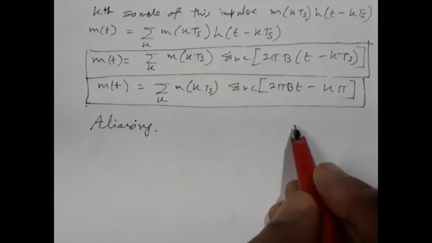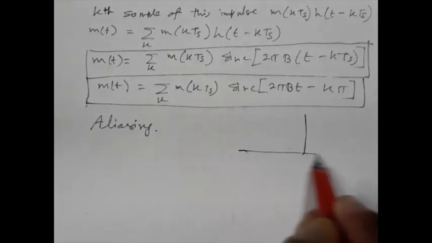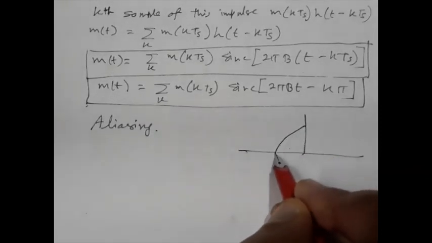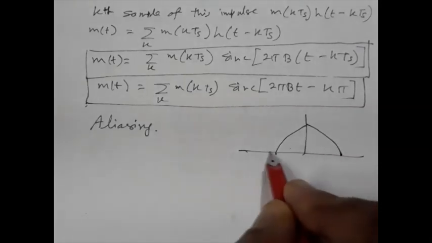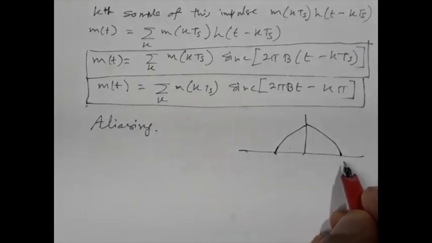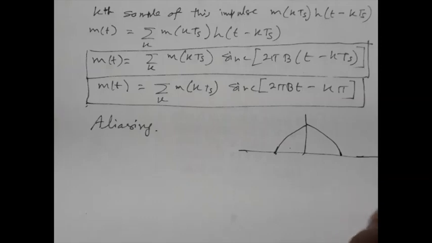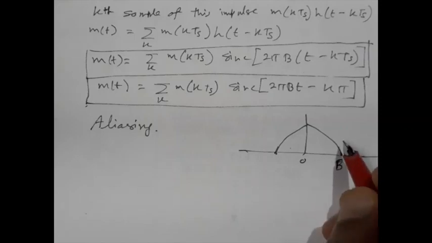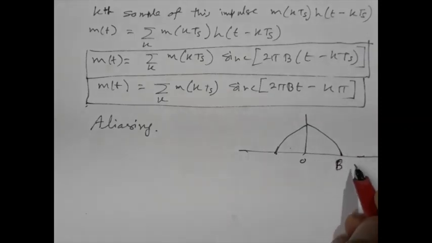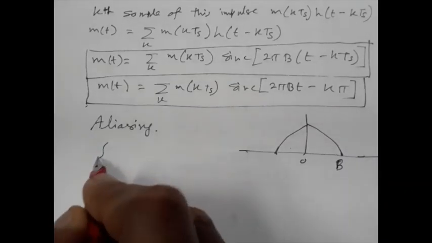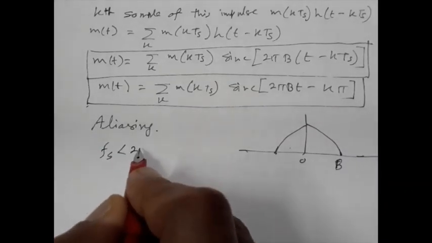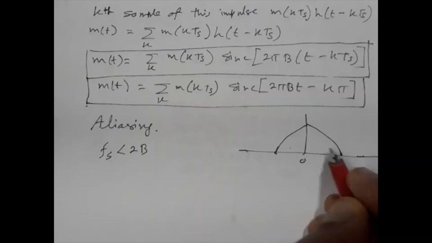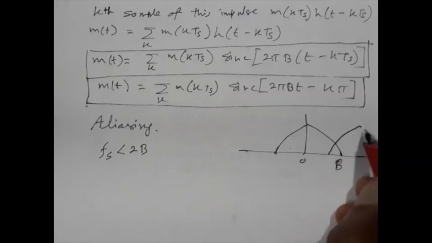If you remember this spectrum of the sampled signal in the Fourier domain, this one is B, and assume that Fs is less than twice B. Under this condition, there will be some kind of spectral overlap.